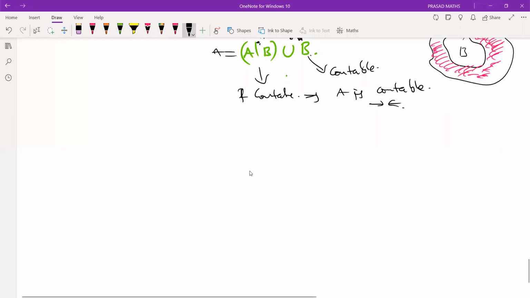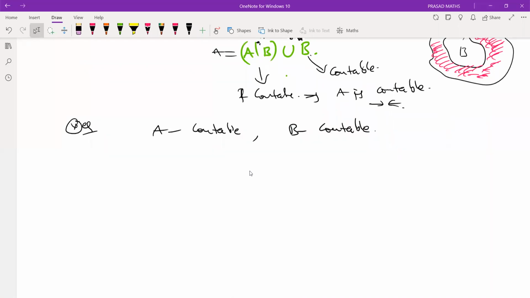Suppose you take A countable, B countable. Or take both as uncountable. What does it mean by A minus B? Uncountable, sir.